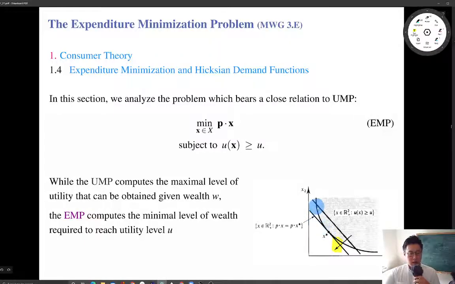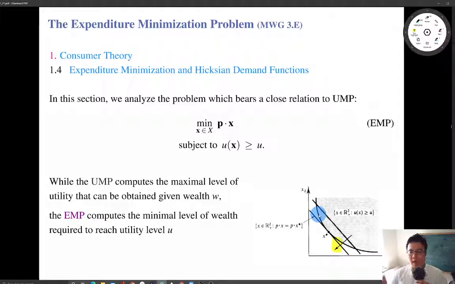Then we adjust the level of utility, so we can think of several indifference curves, and find at which bundle the consumer's utility is indeed maximized. That is the UMP: given a budget line, what is the highest level of utility attainable?